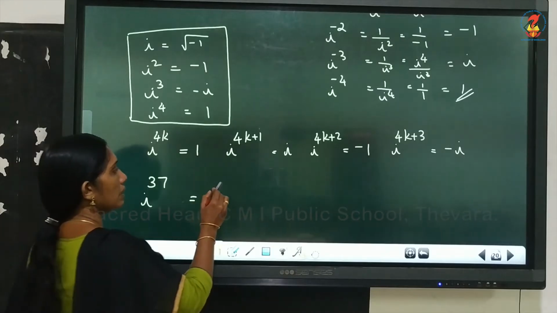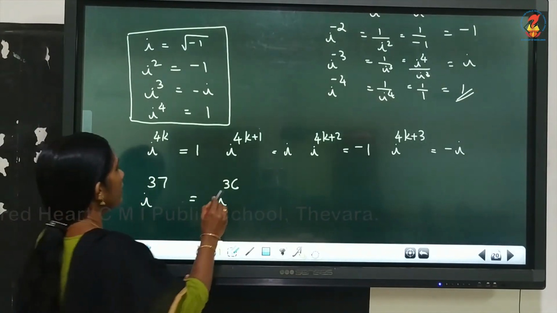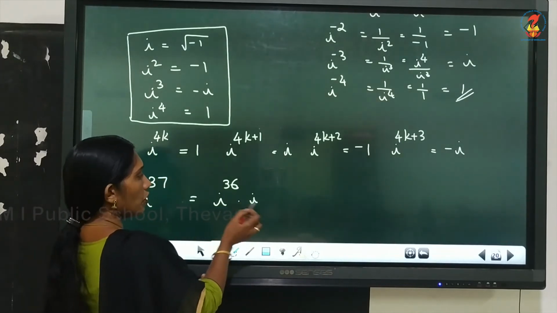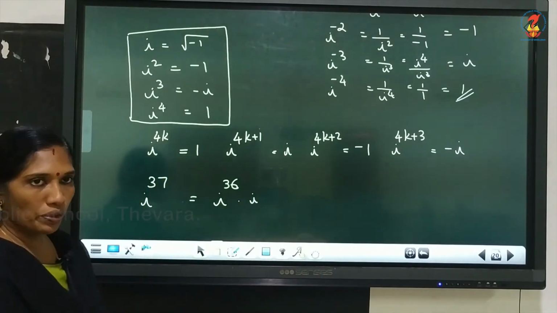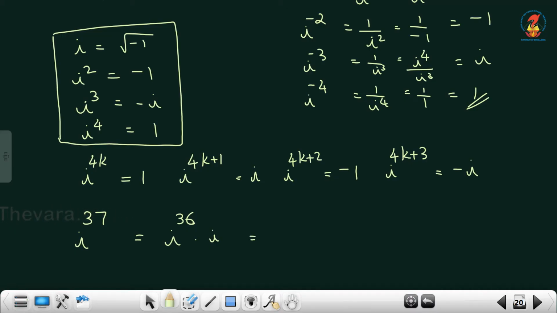The nearest multiple is 36. 4 nines are 36. Then I can write into i. Exponent rule, a raised to m into a raised to n is a raised to m plus n. So we can split like this. Then i raised to 36 means it is a multiple of 4. i raised to 4 raised to 9 into i, and i raised to 4 is 1. So 1 into i.